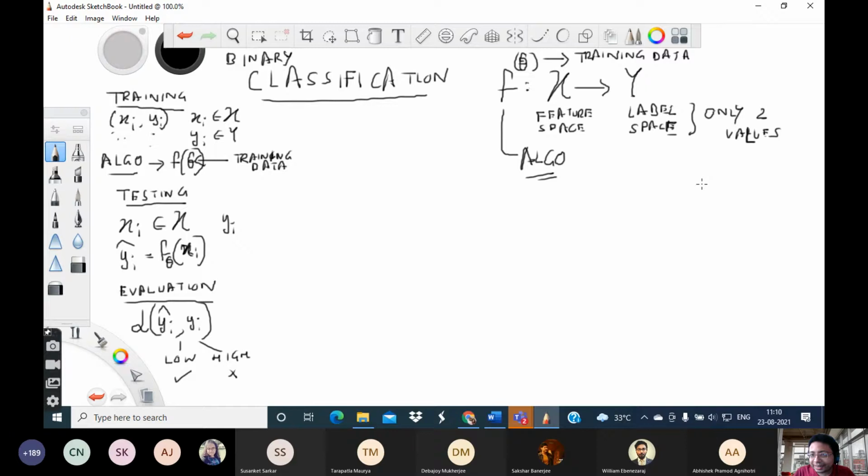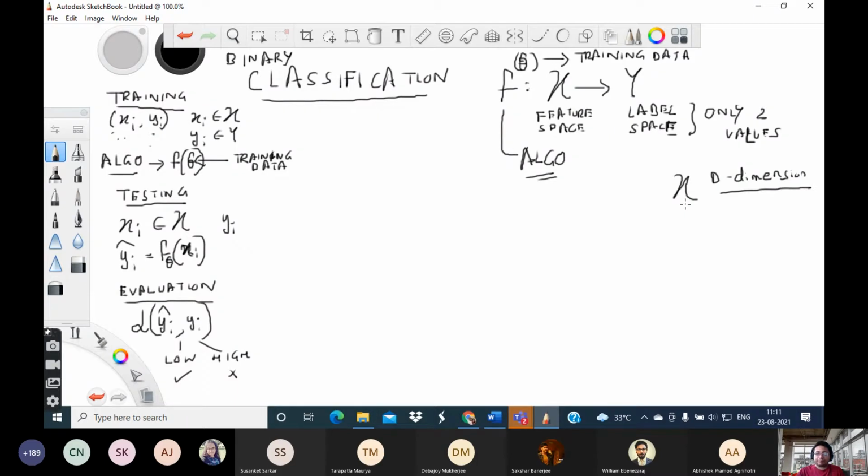As I said, in any classification problem, the features lie in the feature space X, which may be d-dimensional. This feature space X can be quite complicated.